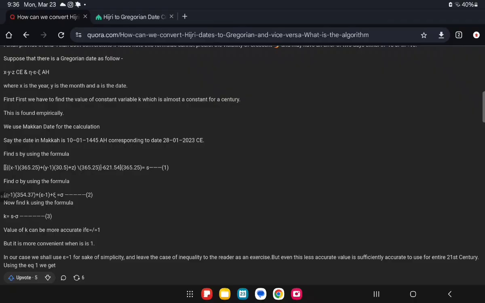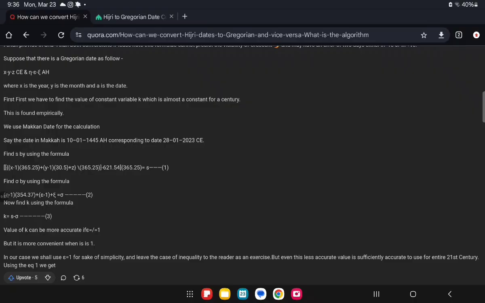In our case, we shall assume epsilon equals 1 for the sake of simplicity and leave the case of inequality to the reader as an exercise. But even this less accurate value is sufficiently accurate for the entire 21st century.